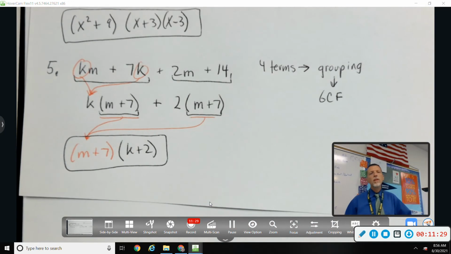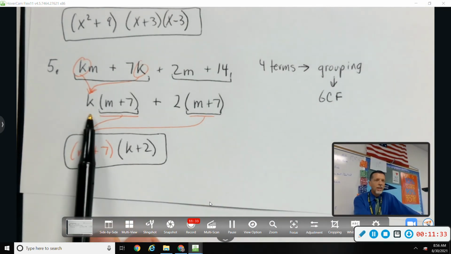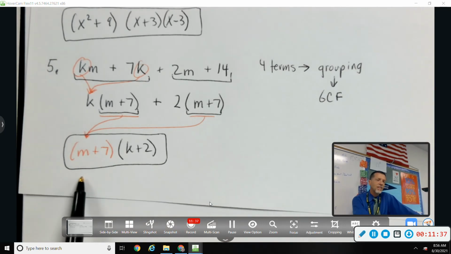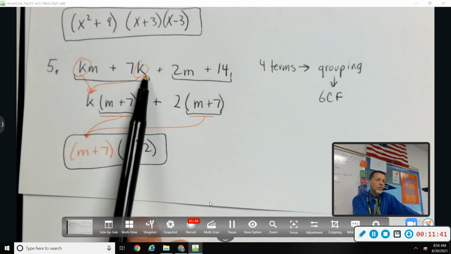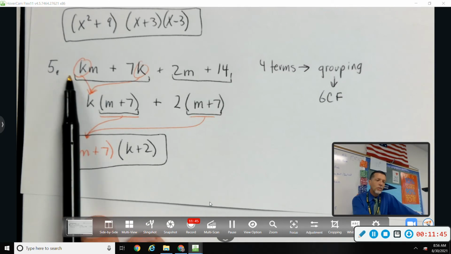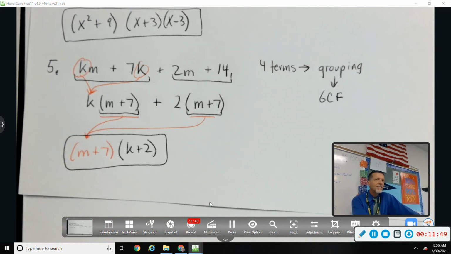Would you put a square on m plus 7? Look, this one had 1 k, I took out the 1 k. This one has an m plus 7, I take out the m plus 7. But wouldn't you, because there's 2 m plus 7s?